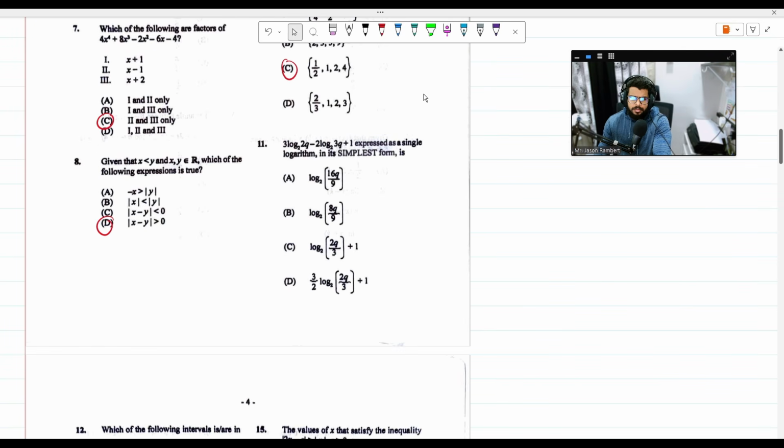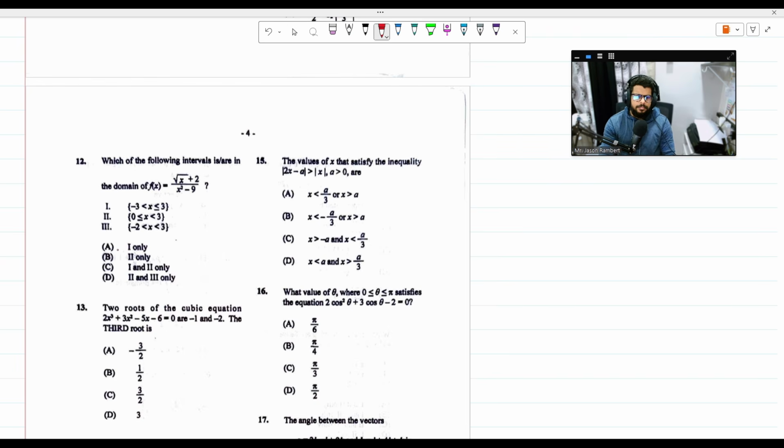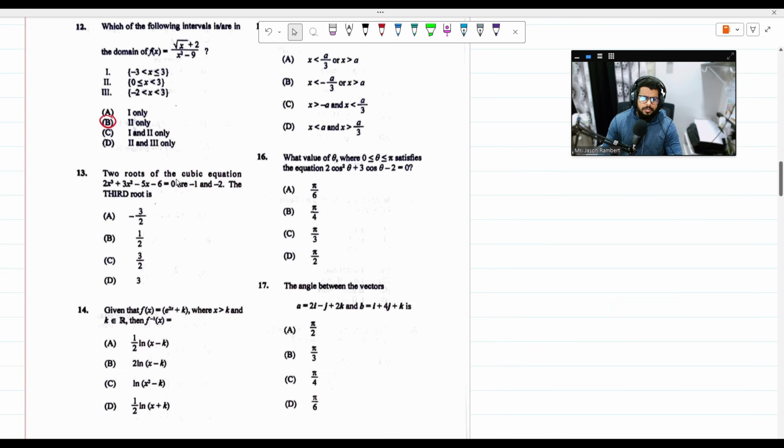This would be log 16, it was 16, right? 2 to the 4 to the, and multiply by 2, yes, it was 16. 2 is the only one that will give us non-negative. The third root is 1.5, which is 3 over 2. A half ln of x minus k.